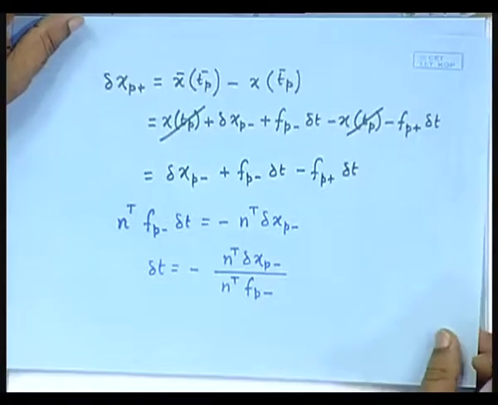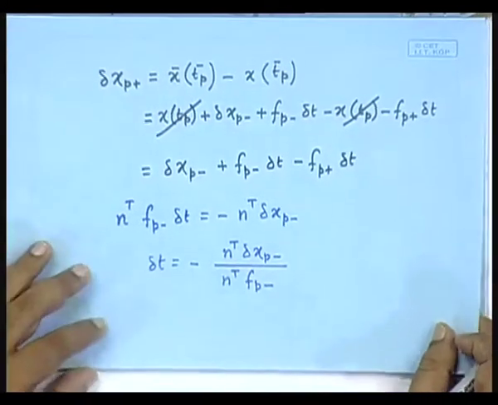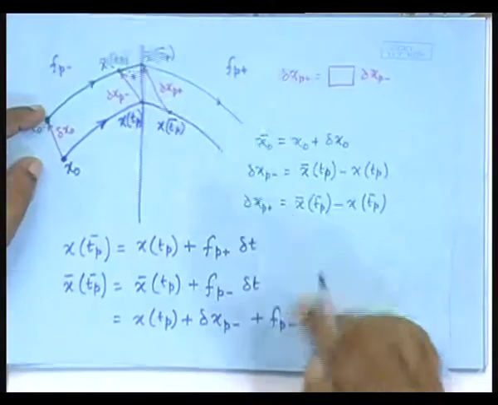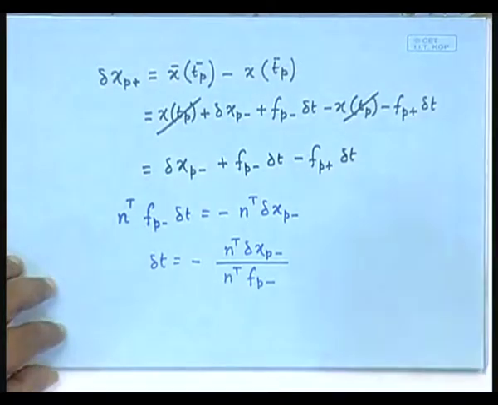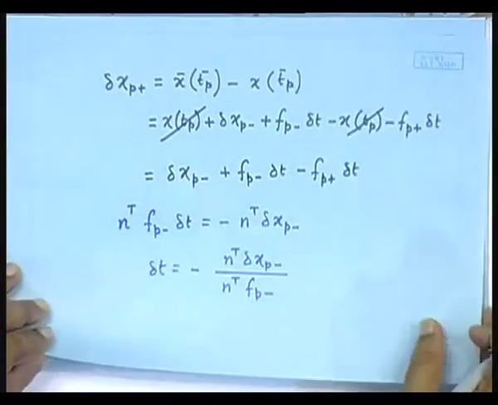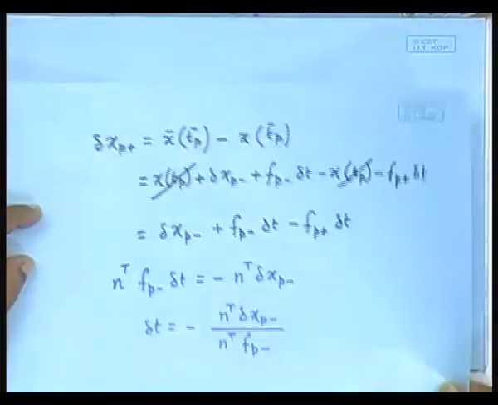Now, once we have it, things fall in place, because we started with this, we wanted to express this, and this was ultimately expressed as here. Okay. So, we will start from here.